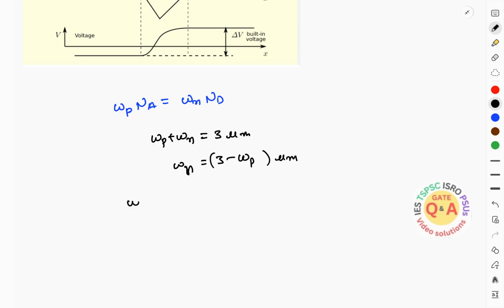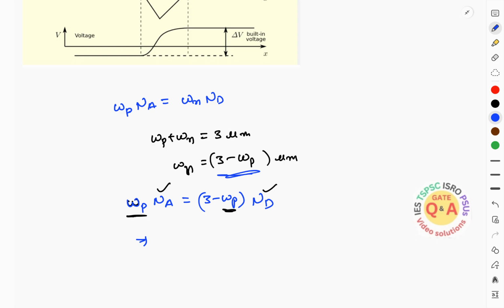Just substitute this in the equation. Then WP into NA is equal to WN, meaning 3 minus WP. We know all these values, so there is only one unknown value, which is WP.